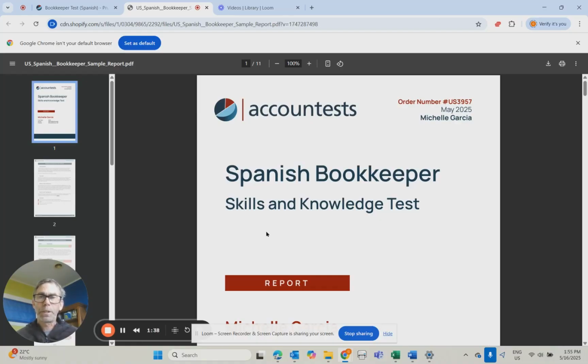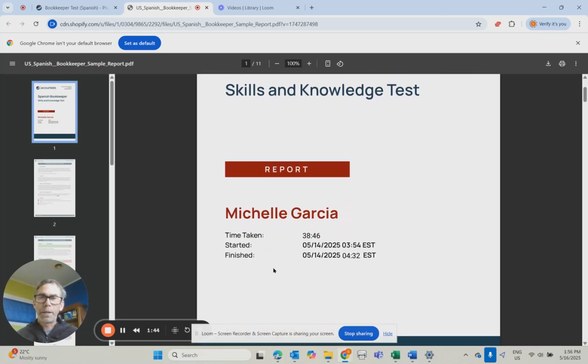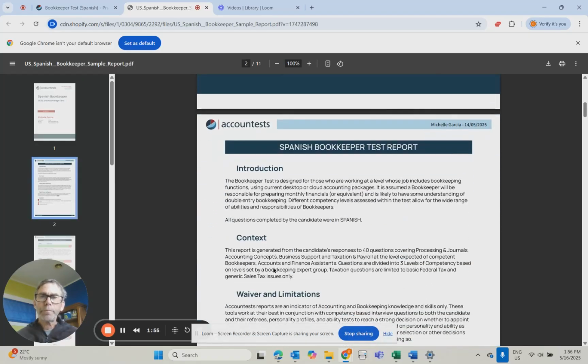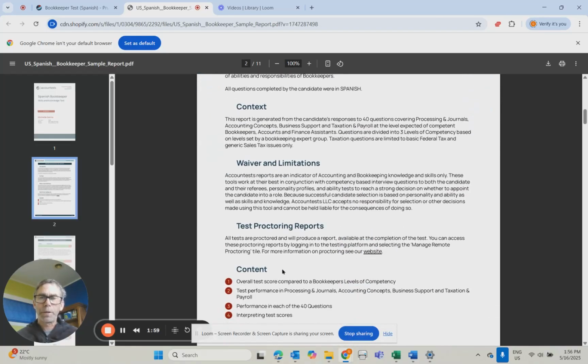Anytime you need to find anything in our platform, you will need that order number. And then down here, you'll see how long did the candidate spend in the test. If that number says 40, then they were still working on the test when their time ran out. The second page is really some background, but there's also a link there to our proctoring information.